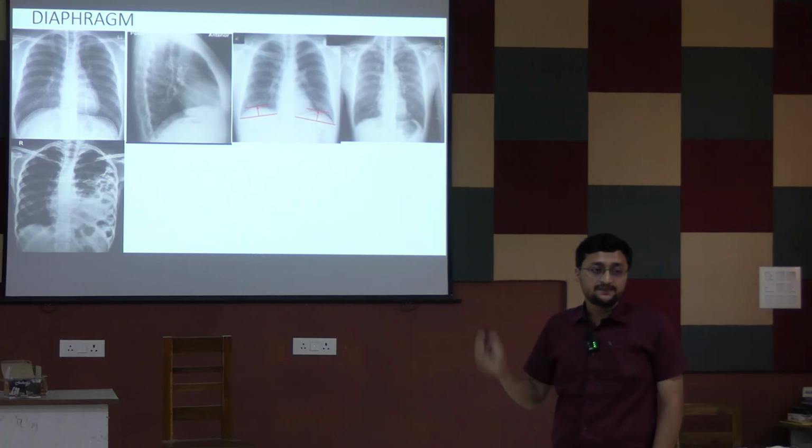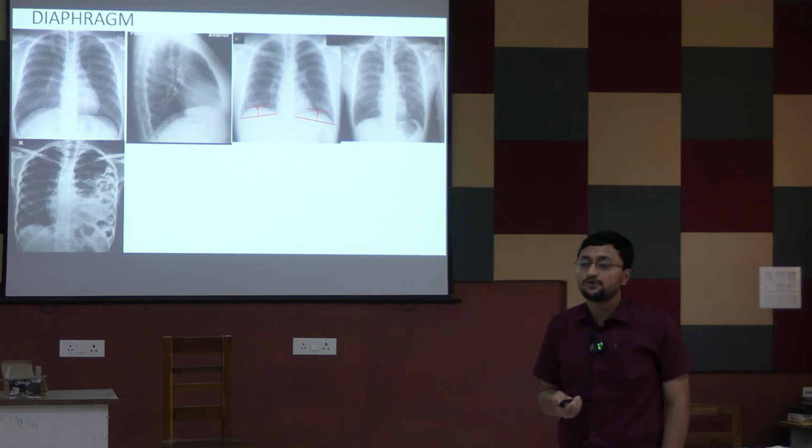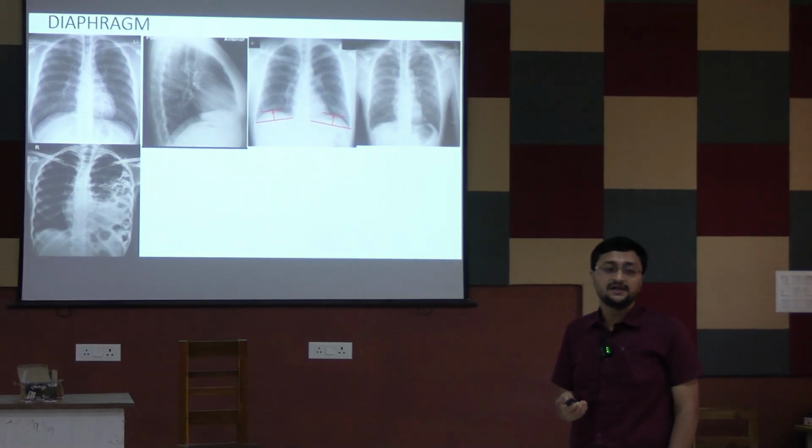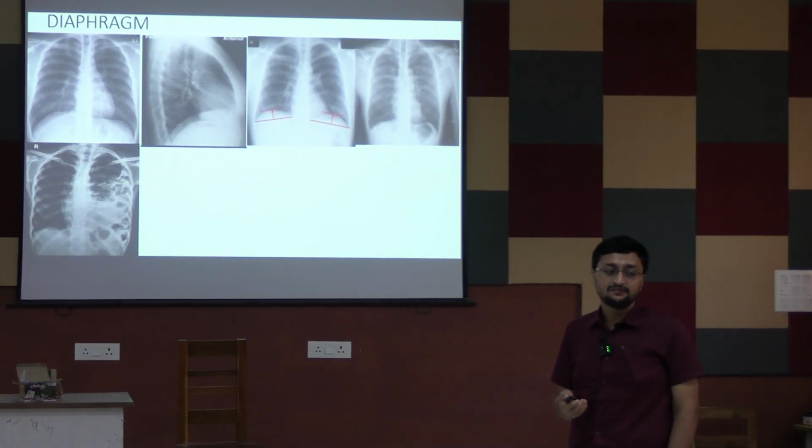So this is a left-sided diaphragmatic hernia. Which sided diaphragmatic hernia is more common, left or right? Left. Why not right? Yes, because the liver is there. So left-sided diaphragmatic hernia is more common.